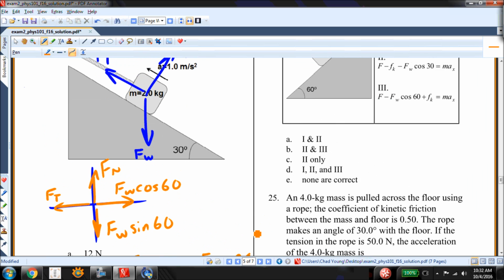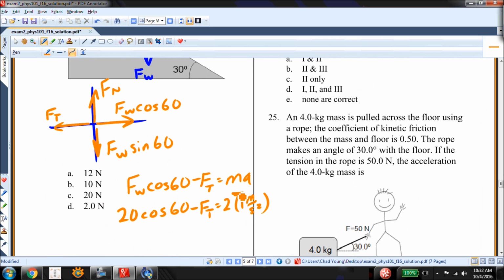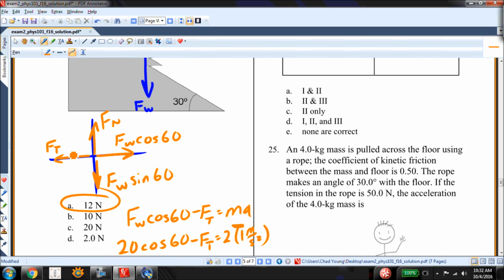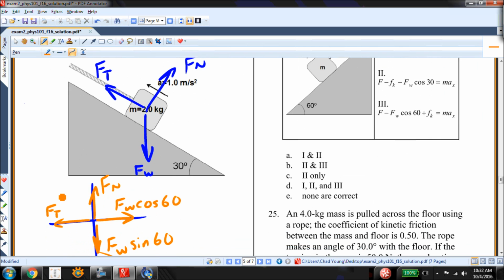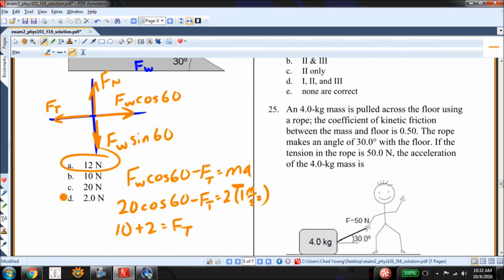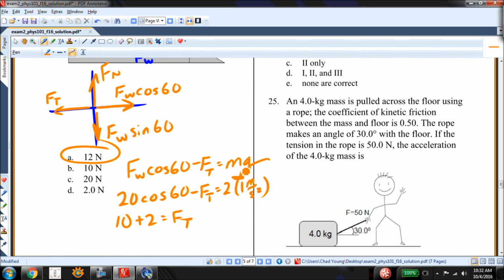We need to be careful because it's accelerating in the negative direction. So Ft is going to equal 20 cosine 60 plus ma. Should be 12, so it should be A. How much is that? 23. That's A. Be careful with your signs here. Make sure that you get the acceleration to be negative.